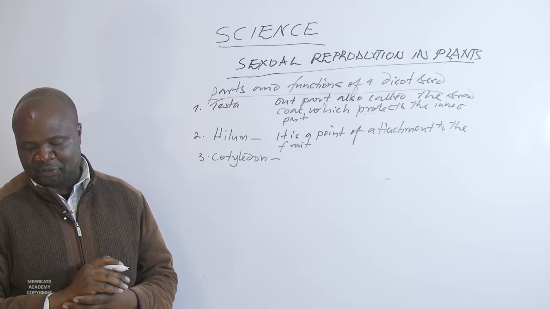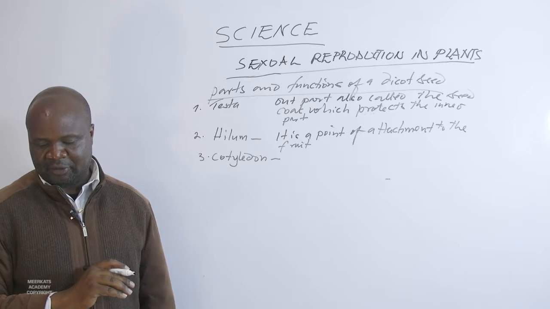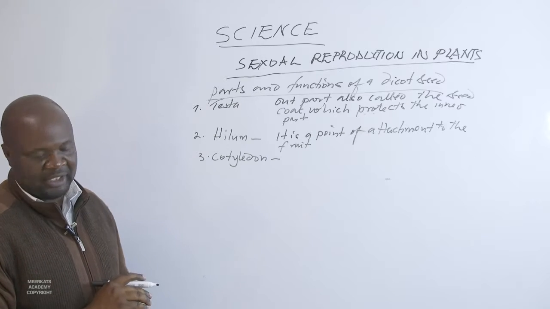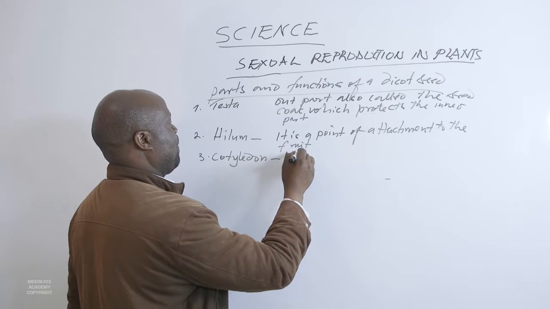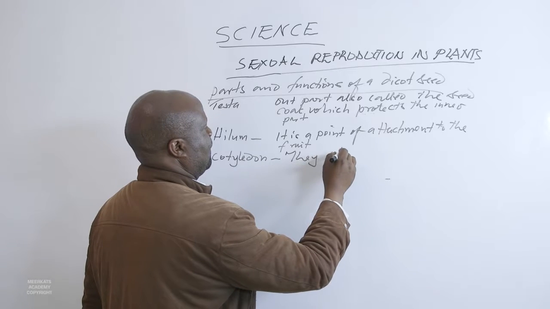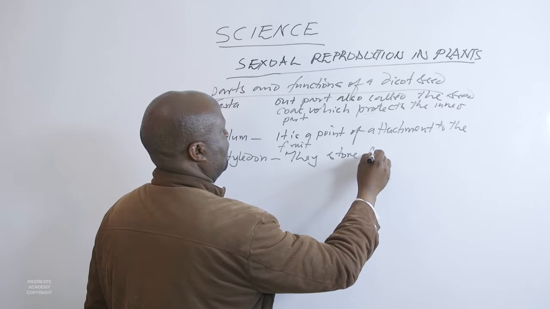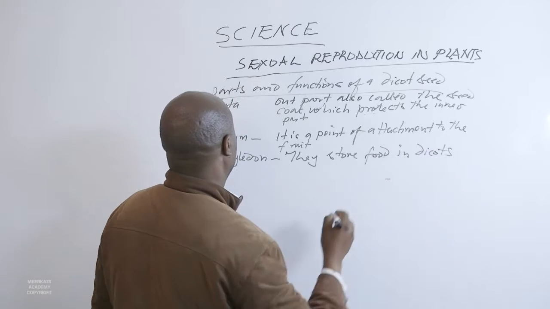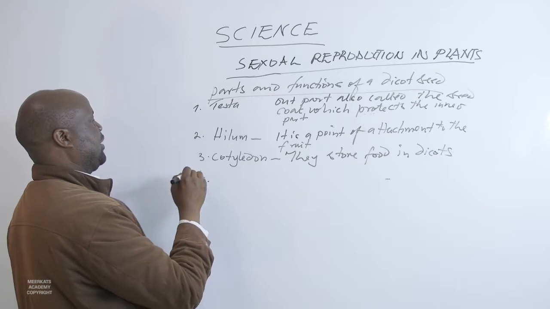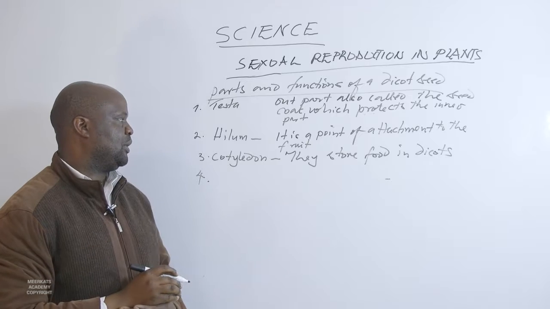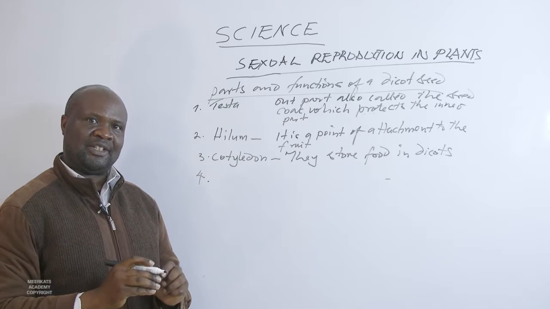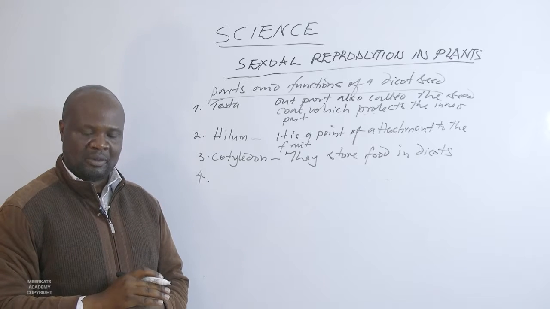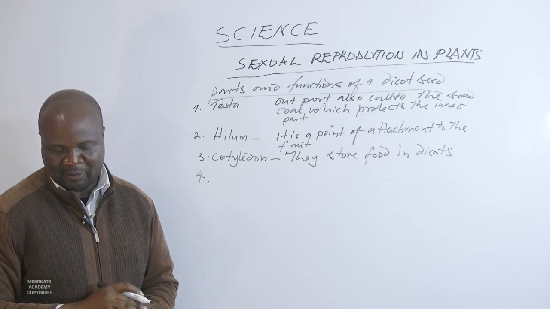So they serve as storage of food, and they're also called seed leaves. The major function of the cotyledon is to store food that will support the growth of the plumule and the radicle.